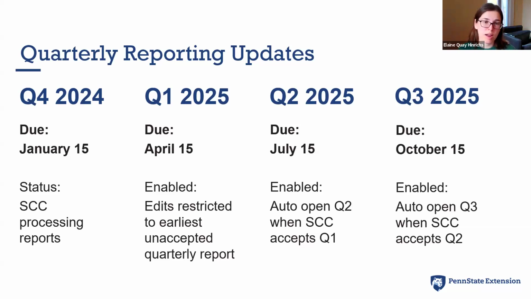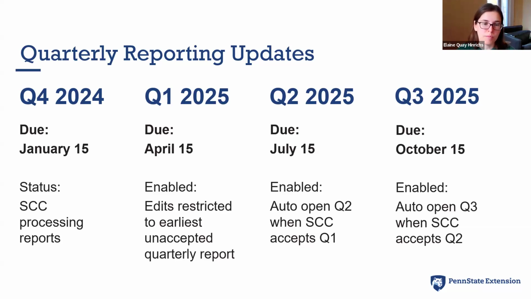It wasn't able to be submitted anyway, but because there were some calculations that were getting confusing to folks based on the chronological order throughout time, as you all have been putting in these quarterly reports, we're now restricting it to just be the single earliest unaccepted quarter.